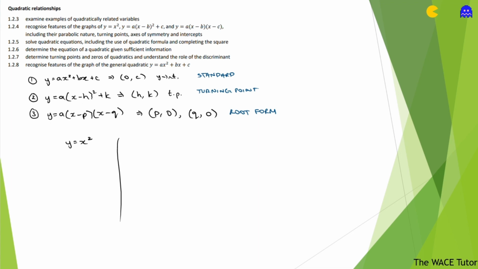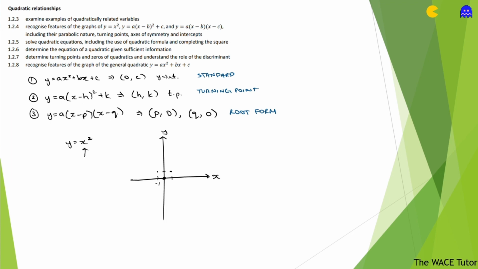And so if I look at the graph and I consider different x values, okay, I have my y-axis here, my x-axis here, and let's say I'm plugging in a 0 here. 0 squared is equal to 0. And if I look at 1, 1 squared is equal to 1. So I have something here.